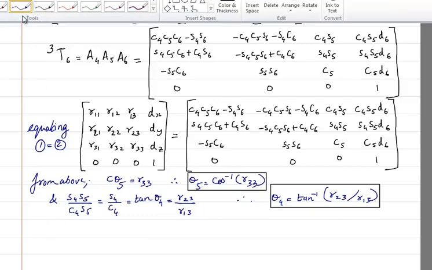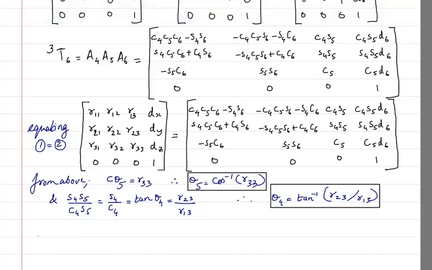Also from above, I can write S5 S6, which is sine theta 5 into sine theta 6, is equal to r32.